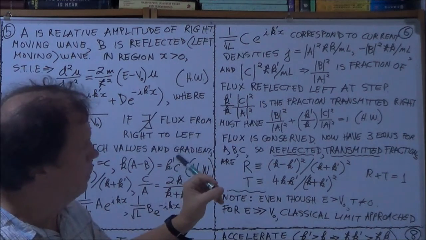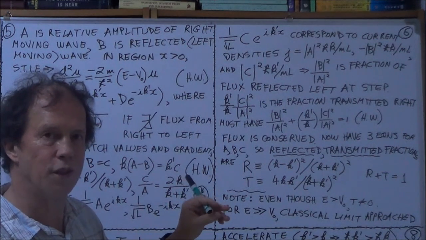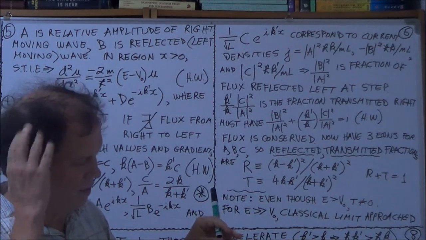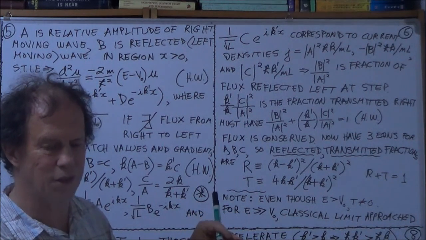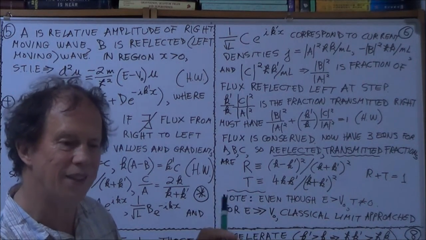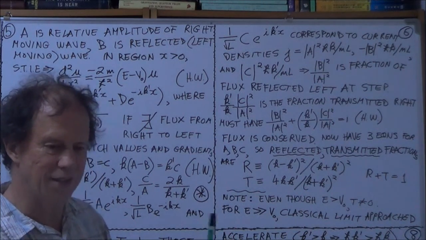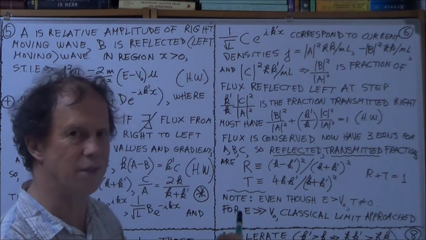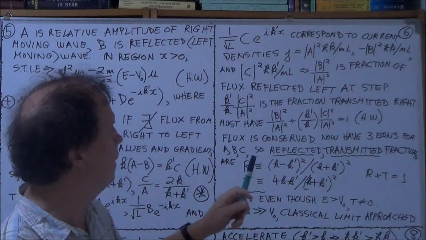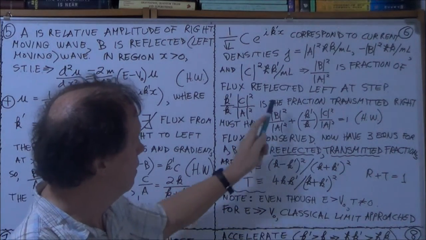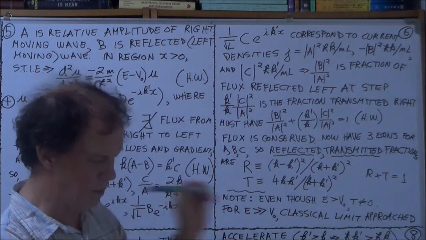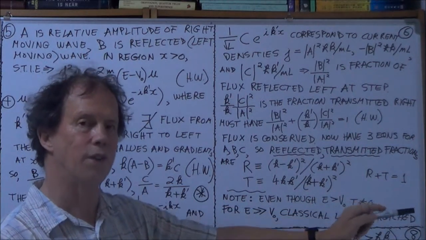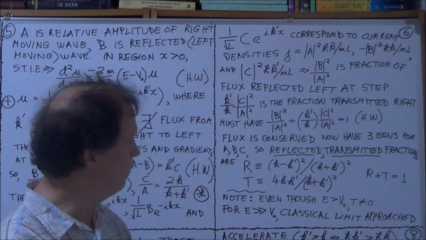Now, current, just like in an electronic circuit, is conserved. It doesn't disappear. It's sort of like an elastic fluid that doesn't disappear. If you sum all of it, the total quantity remains the same. So these two fractions, the fraction that gets bounced back and the fraction that gets transmitted, have to equal 1. Okay.